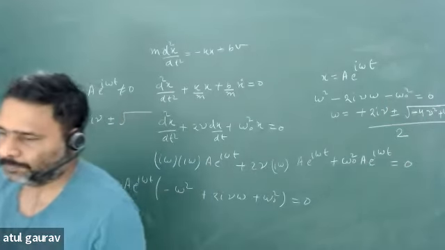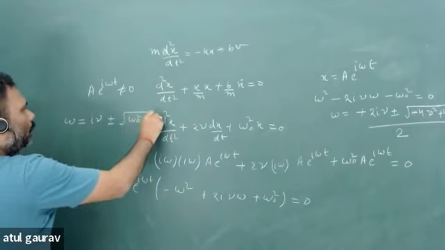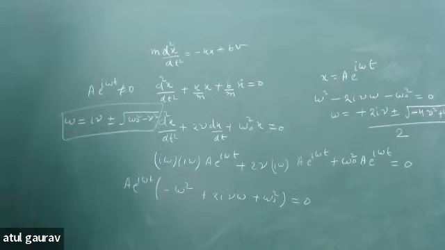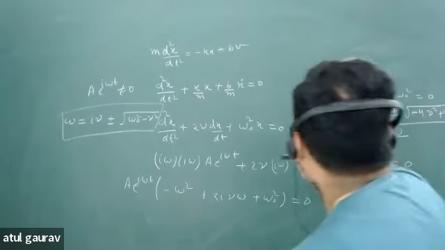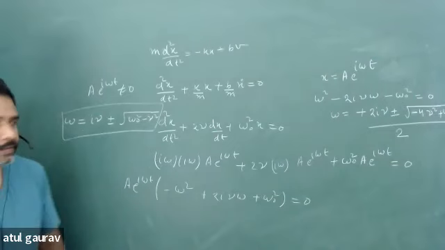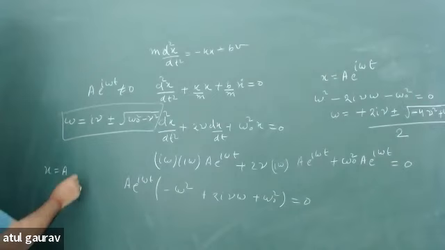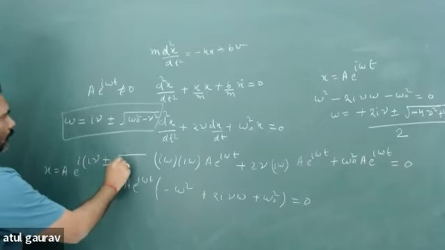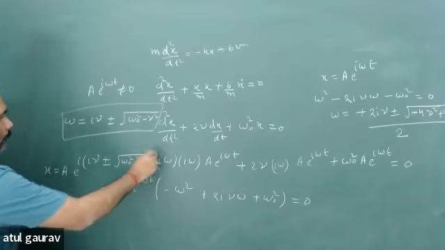So we have omega naught square minus gamma square here. This is my omega, and we will put it into this equation, and then we can analyze the system. So x is equal to a e to the power i gamma plus minus, you can take anything, that value is omega square minus gamma square into t.